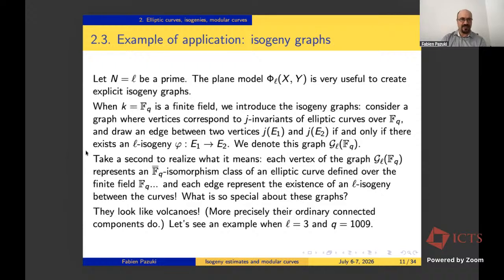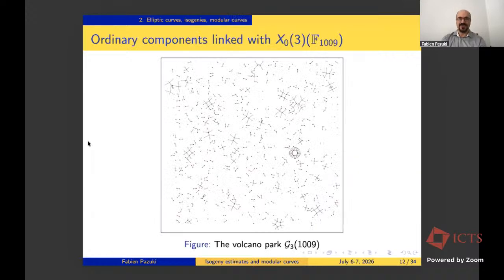Let me give you an example for these graphs when L is 3 and Q is 1009. So there it is. I hope on the big screen you can see something. So what's happening on this slide? First of all, there's a lot of points.